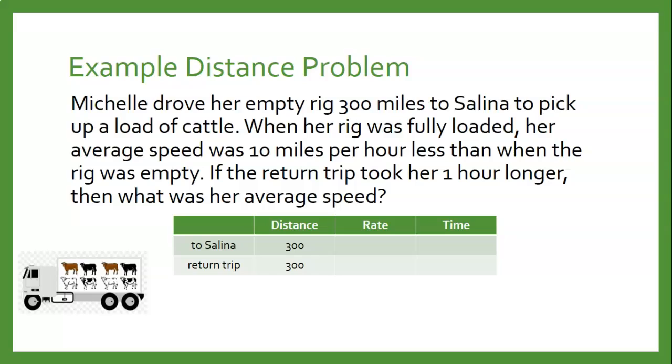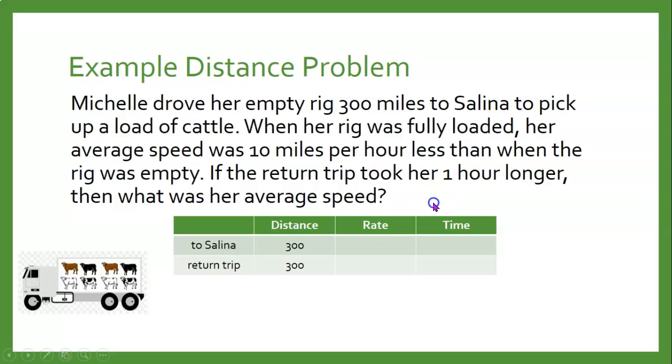So maybe it was 70 going to Salina and 60 coming back. Maybe it was 45 miles per hour going to Salina and 35 miles per hour coming back. Maybe it was 90 going there and 80 coming back. But whatever it was going there, it was that number minus 10 coming back.